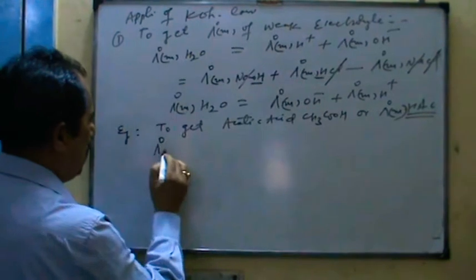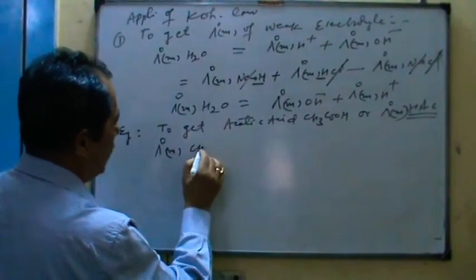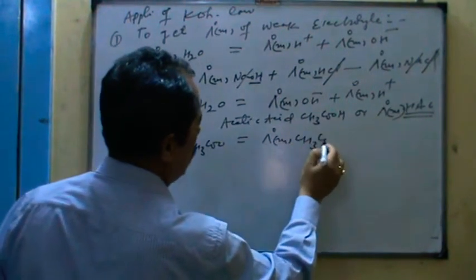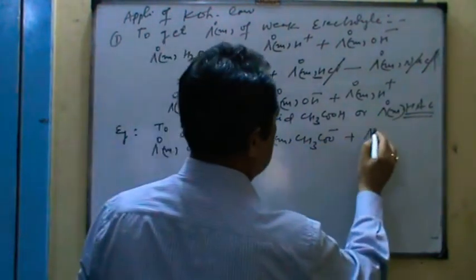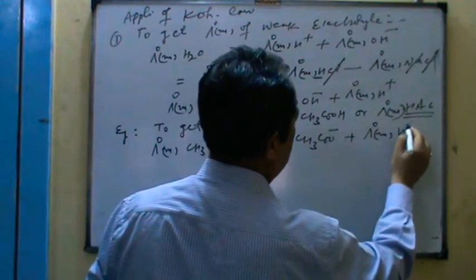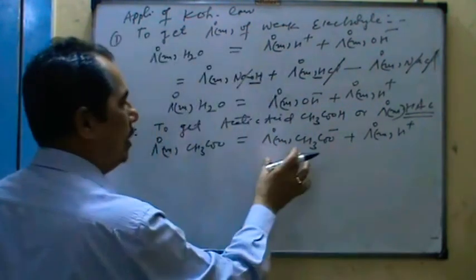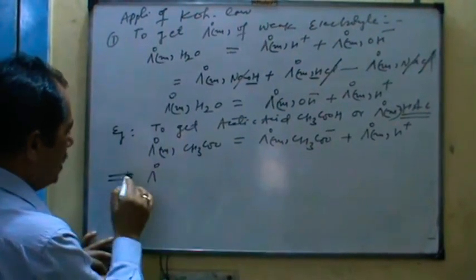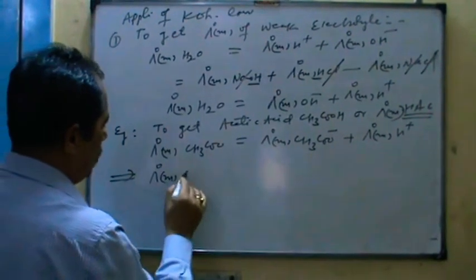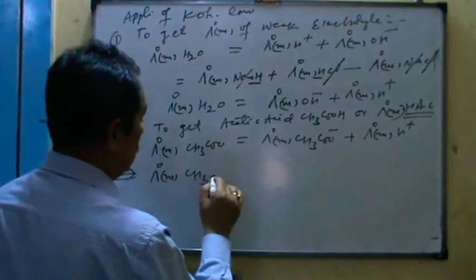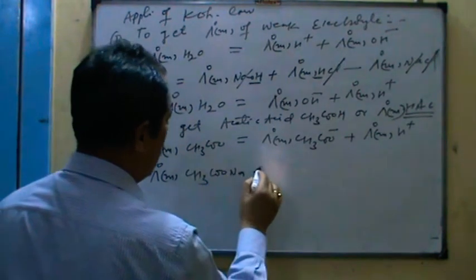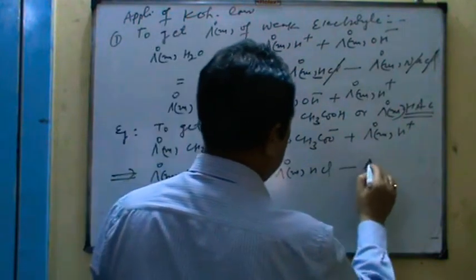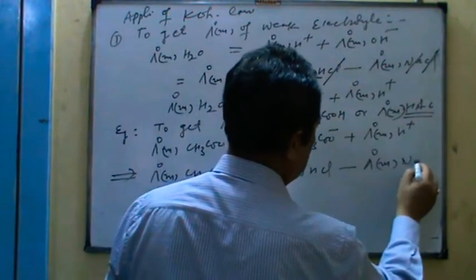So we can say, let us break it first: molar conductivity of CH3COO negative plus molar conductivity of H positive. We need these two. Therefore, what do we take? The solution is limiting molar conductivity of CH3COONa plus limiting molar conductivity of HCl minus limiting molar conductivity of NaCl.